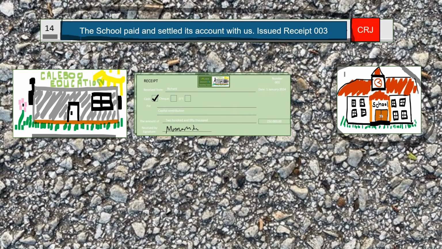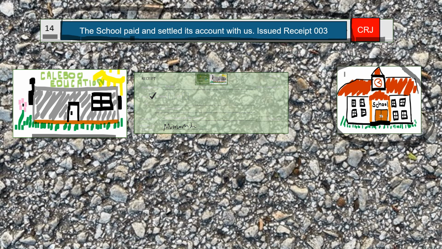So we've had a whole lot of transactions with the school, and now the school has decided on the 14th to pay us. So if we're receiving the money, there it says paid, our bank balance will increase, so it must go through the cash receipts journal. We issue the receipt and we're left with a duplicate.